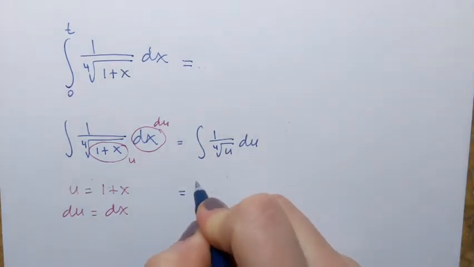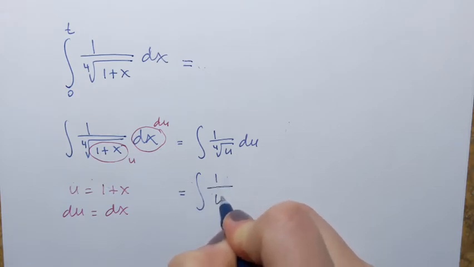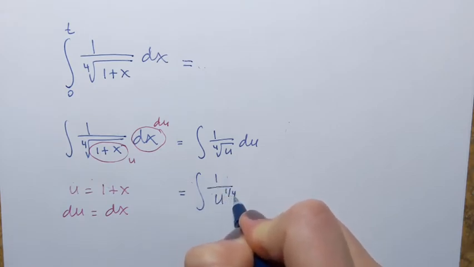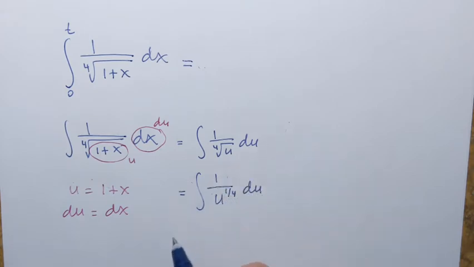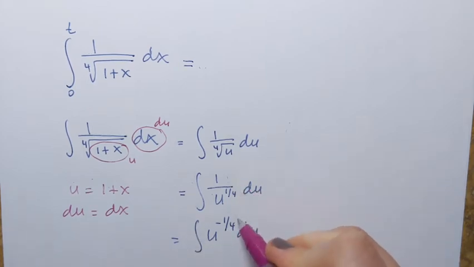That is the same as the integral of 1 over u to the power 1 over 4 du, and that is the same as u to the power negative 1 over 4, right? Now I'll just apply the power rule. So I have to add 1 to the power, negative 1 over 4 plus 1. That's the same as 4 over 4, so that's 3 over 4. u to the power 3 over 4 divided by 3 over 4.